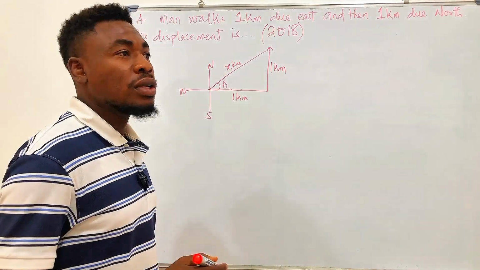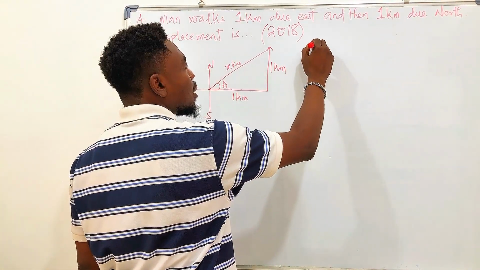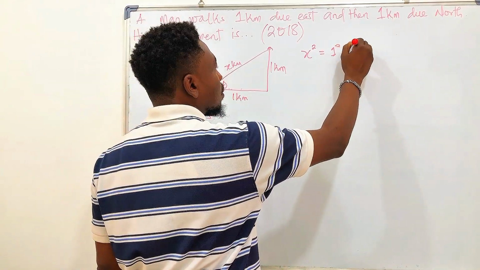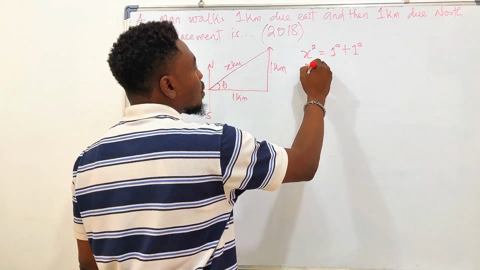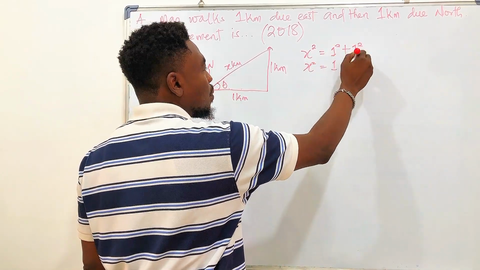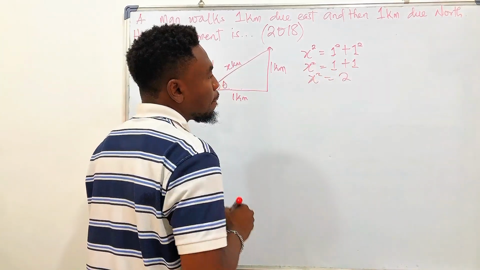Pythagoras theorem to look for what? X. So Pythagoras theorem says what? X squared is equal to 1 square plus what? 1 square, right? So x squared will now be equal to 1 square is still 1 plus 1 square is still 1. So x squared is equal to 2.